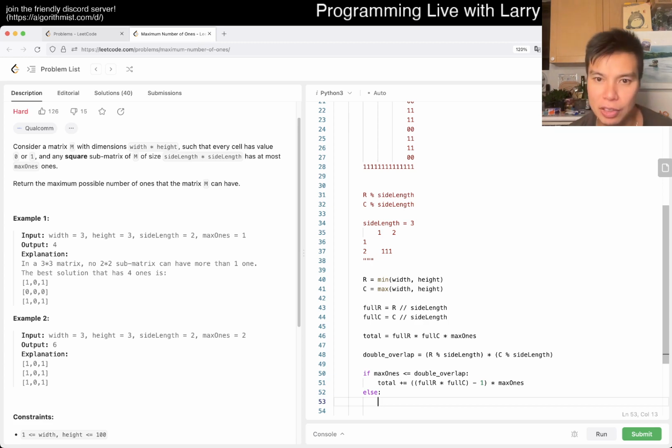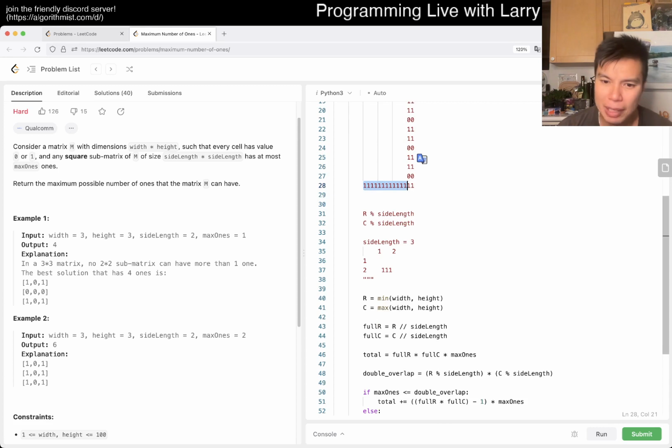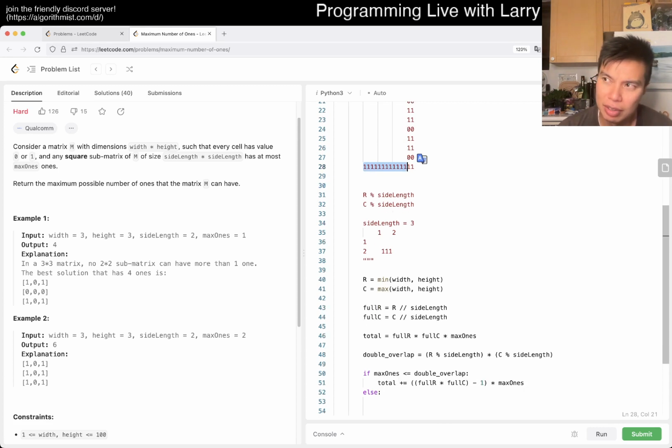So then basically the amount of available spaces here is what we're trying to optimize, because by the definition that we have overflow, the double overlap part is all ones. So then we have extra stuff, so it either goes here to the left or the right, right?